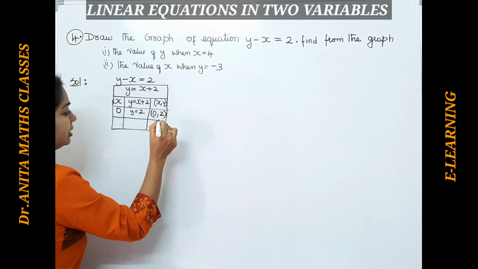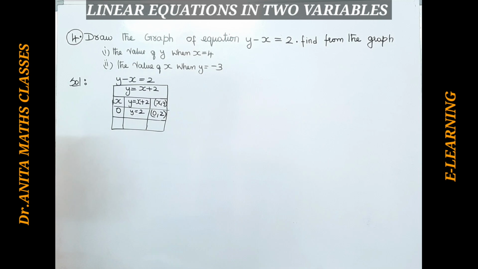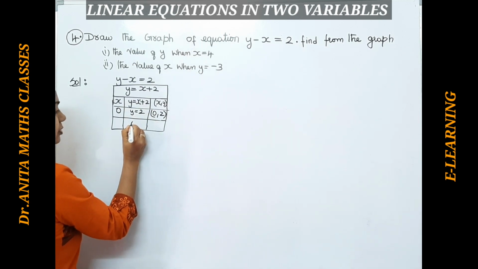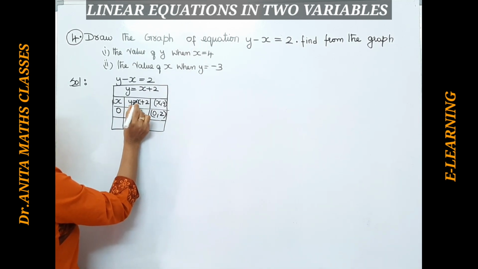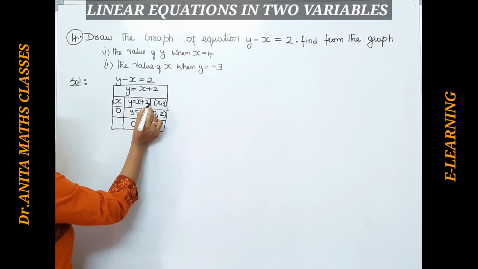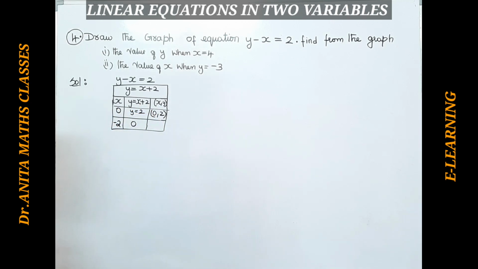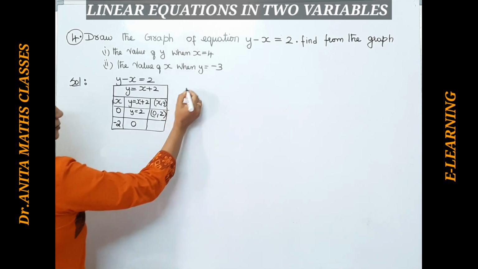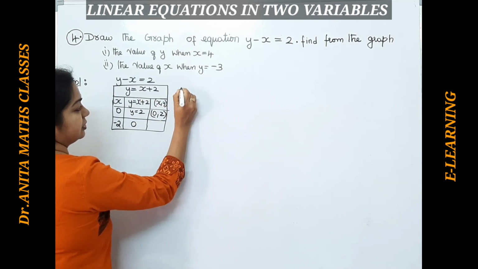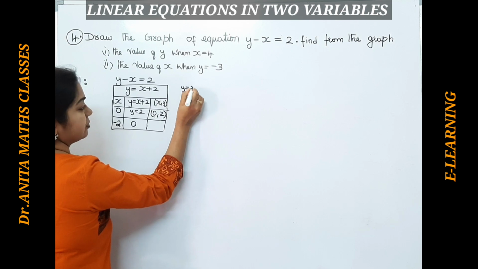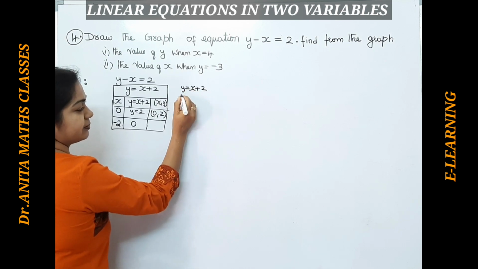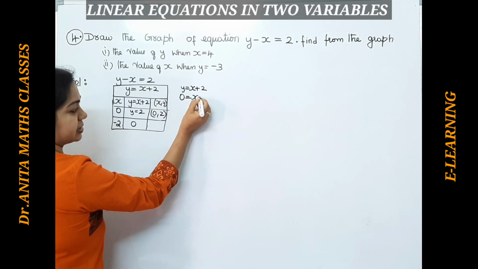Now what I'll take? Let me suppose y equal to 0. This part y equal to 0 I'll take. So 0 is equal to x plus 2. So 2 comes this side, minus 2 it becomes. So x is equal to minus 2. So here, see, if y is equal to x plus 2, so I've supposed y equal to 0, x plus 2.